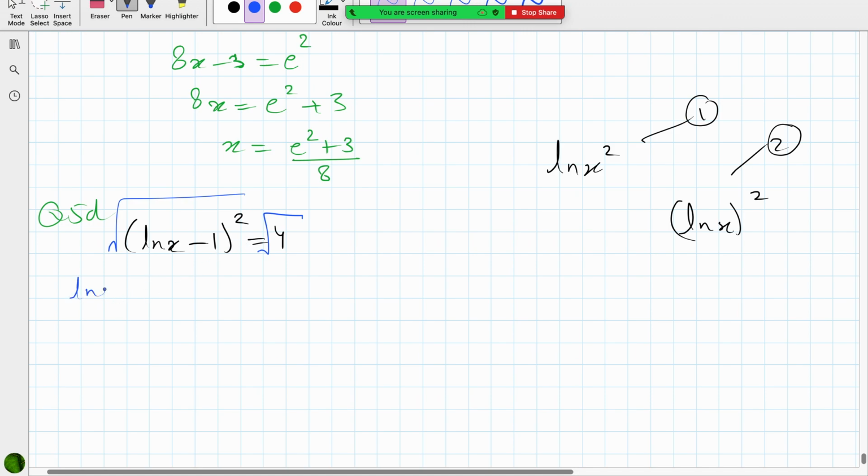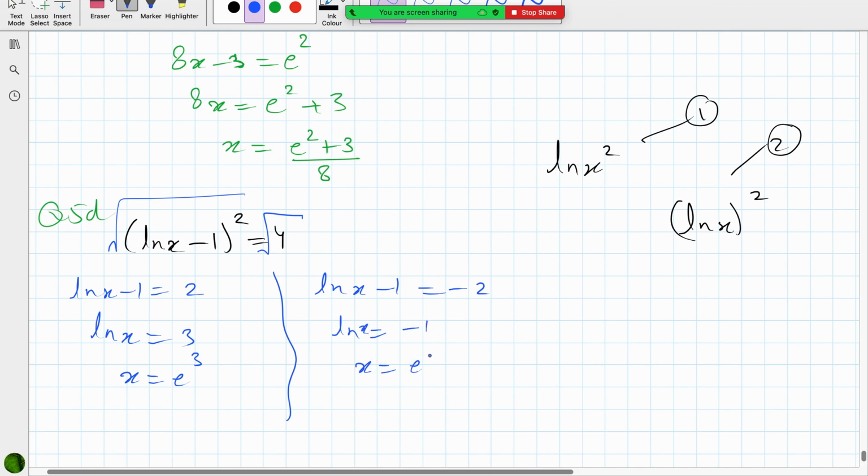This becomes ln x minus 1 is equal to 2 and ln x minus 1 is equal to minus 2. Ln x is equal to 3, x is equal to e to the power 3. Ln x is equal to minus 1, x is equal to e raised to power minus 1, which is 1 over e.